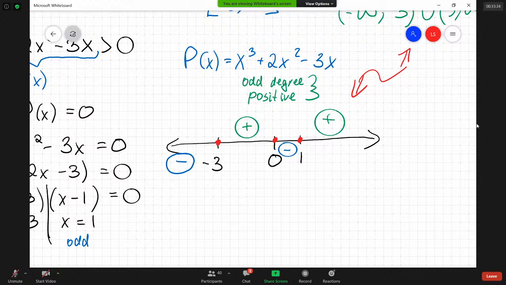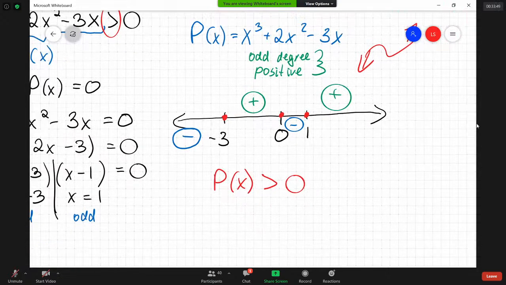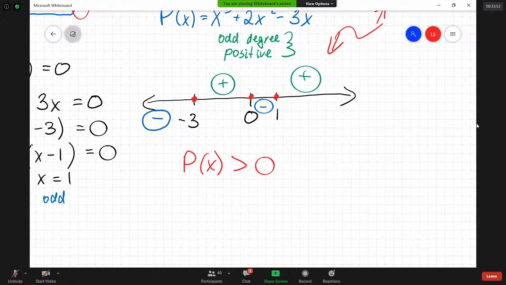Now we have to find the actual interval, find the answer. So our interval, we're looking at p of x. We want it to be greater than 0, right? That's our p of x here. Again, it's strictly greater, which means we're not including the boundary points. And greater than 0 implies that we're looking for positives.